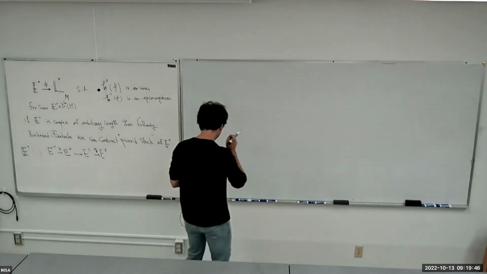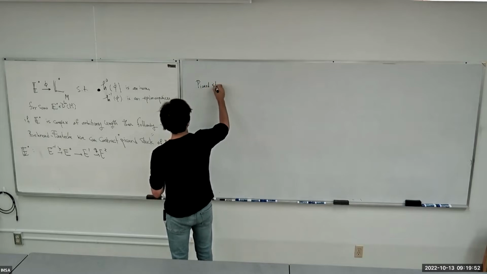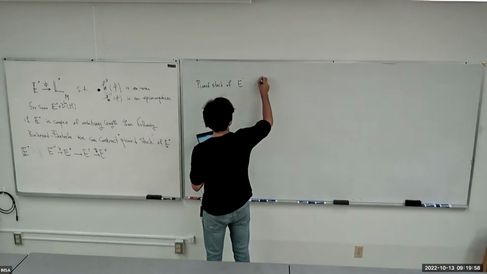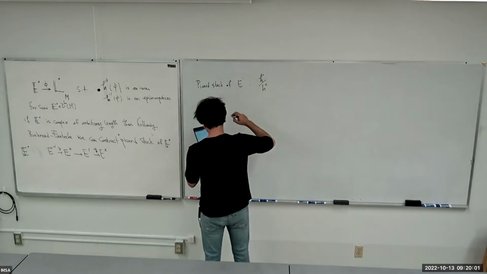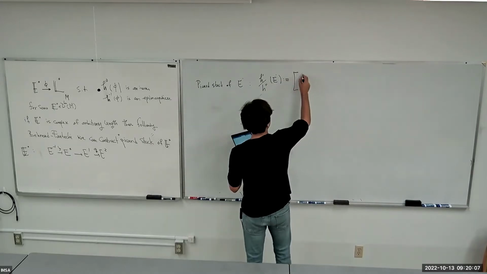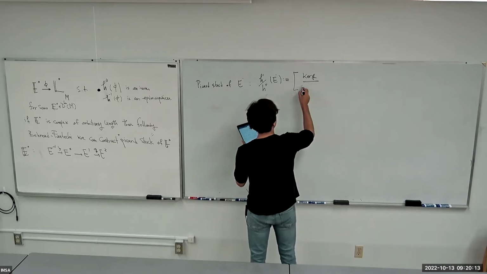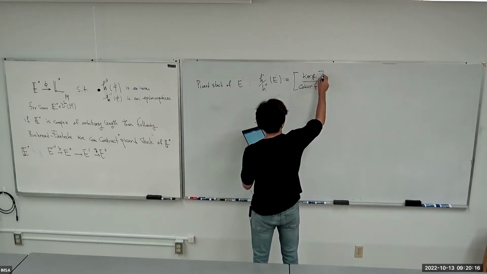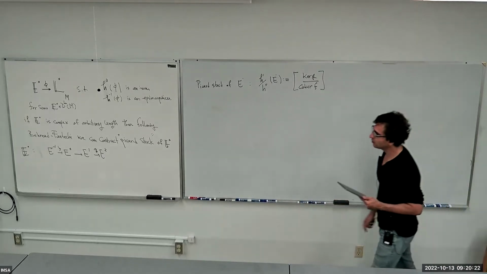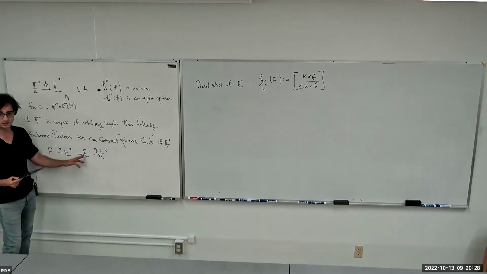Okay, so the Picard stack of this complex is actually written as H1 over H0 of E dot. And this notation means you take the kernel of the map G and you divide it by the cokernel of the map F. That's exactly what it is.